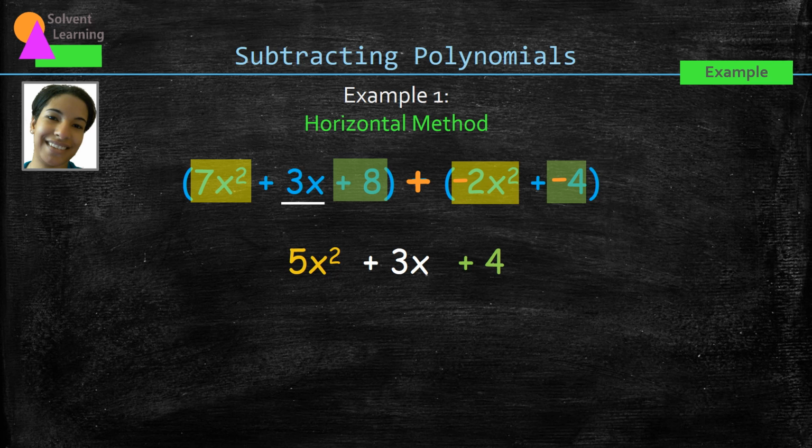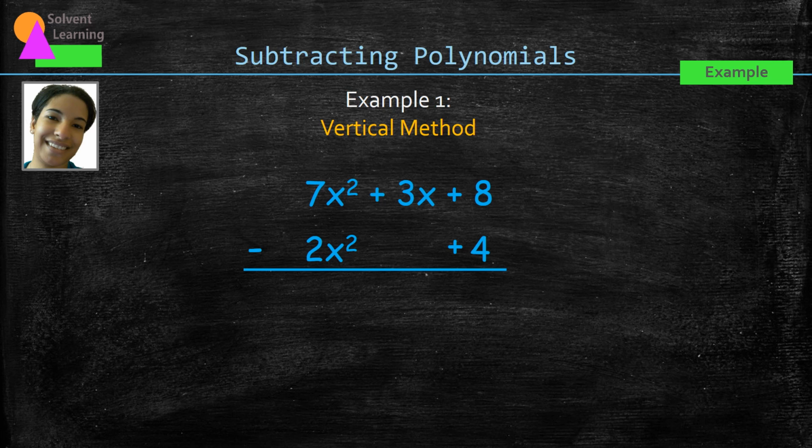Now this showed this solution by using the horizontal method. We could have also used the vertical method. With the vertical method, we need to line the polynomials up so that their like terms are one on top of the other. Now we can apply keep, change, change.